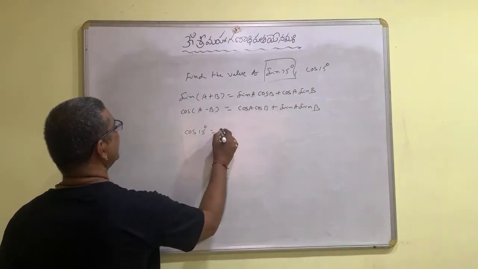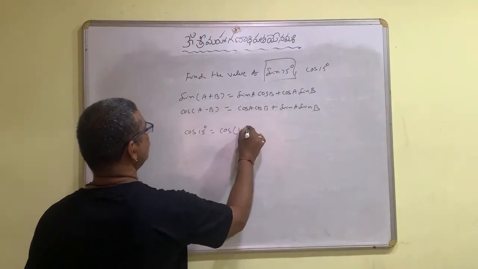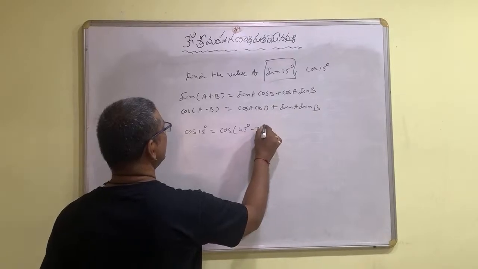Cos 15 degrees we can write as cos of 45 degrees minus 30 degrees.